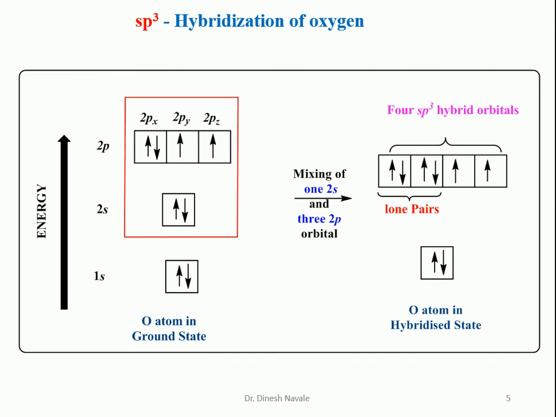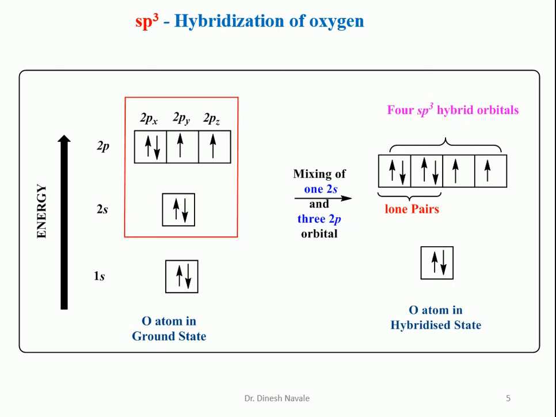So for sp3 hybridization of the oxygen atom, we will require one s orbital, the 2s orbital. 1s will not take part in the hybridization, because the energy of 2p and 1s differ far, but the energy of 2s and 2p are almost the same or close to each other.